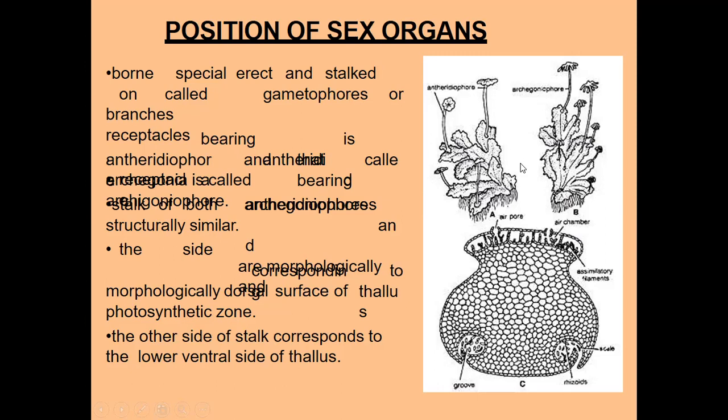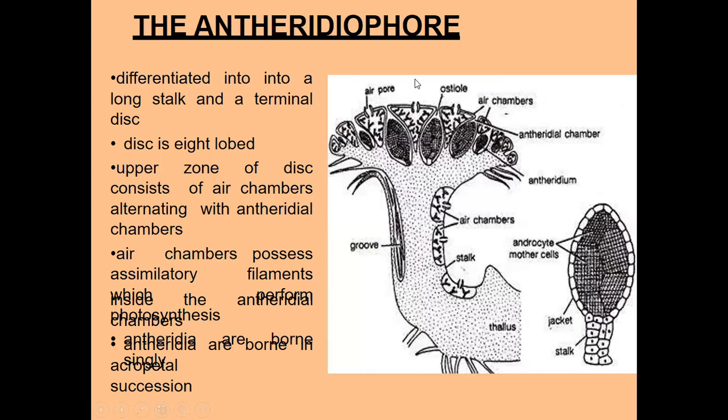You need to remember that point. Next, the structure of the antheridiophore, that is the stalk of the antheridia: the tip of this antheridiophore consists of a disc-like structure with air chambers alternating with the antheridial chamber. The topmost position of the disc is lobed, and there are around 8 lobes.